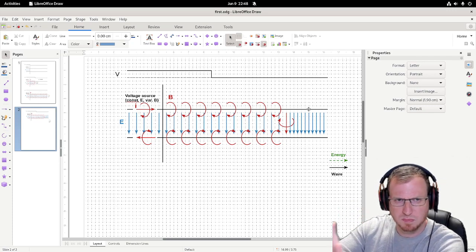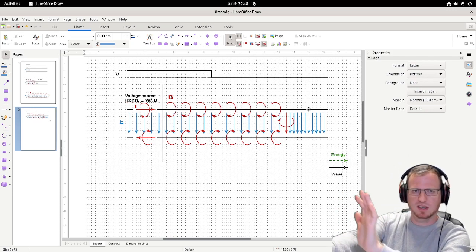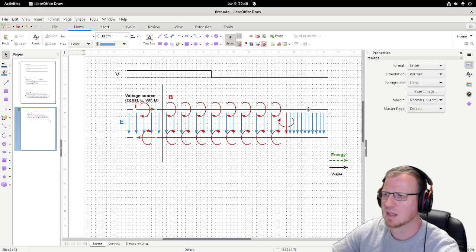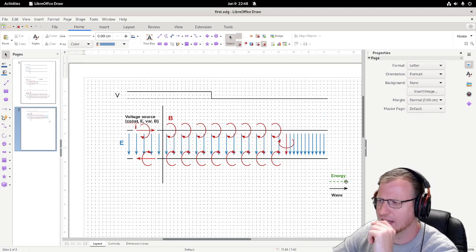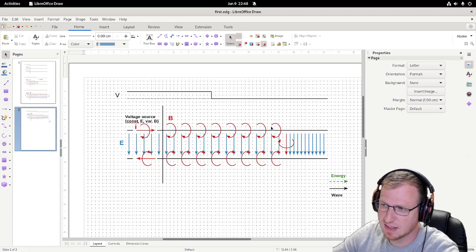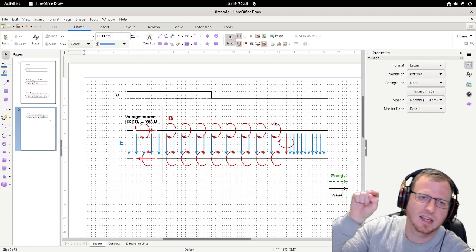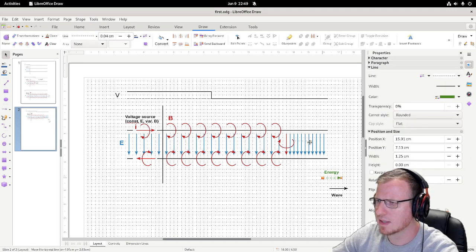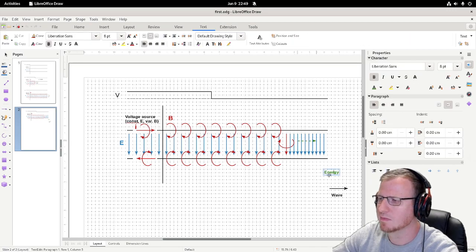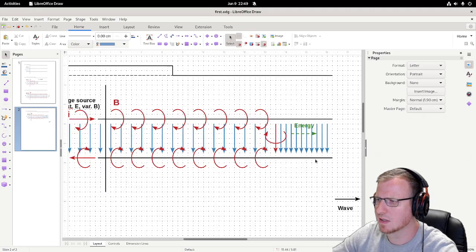So it's going backward and pushing the electrons in. And now the energy is still flowing into the transmission line. That means the direction of the energy flow stays the same. Energy flowing is still moving into the transmission line.